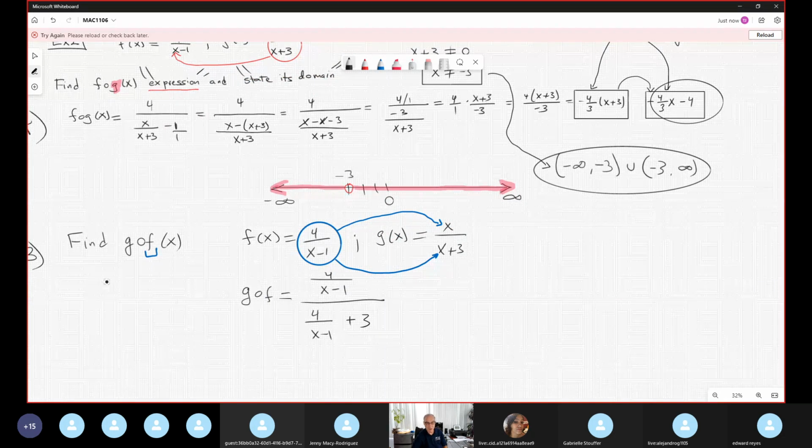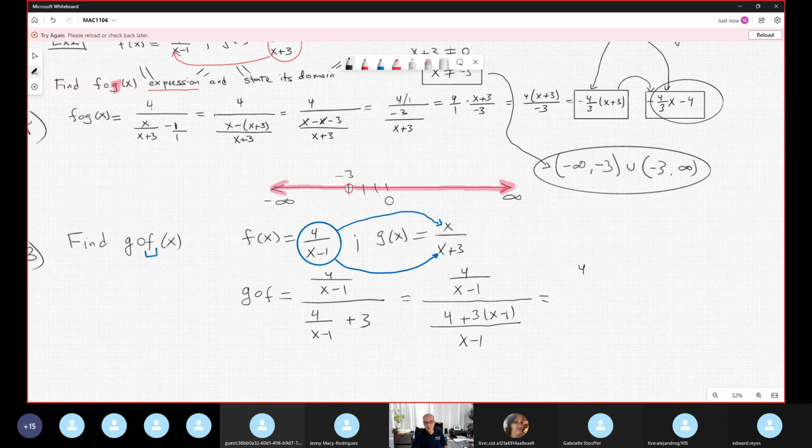Now I try to eliminate the fraction. Therefore, I am doing first this and this together. So the LCD is x minus 1. We have 4 plus 3 times x minus 1. Something like that.